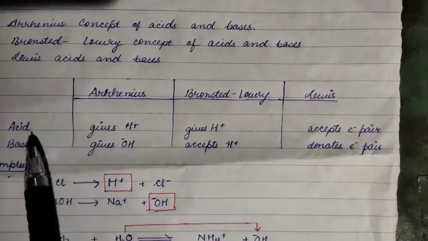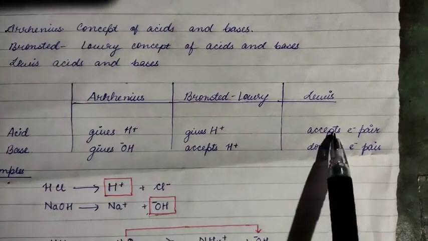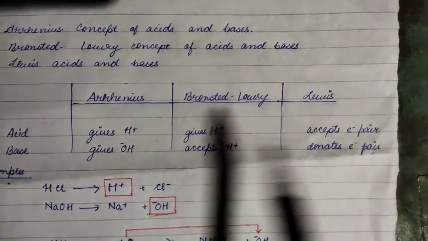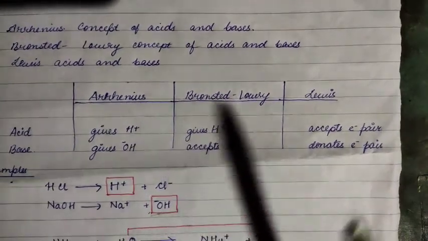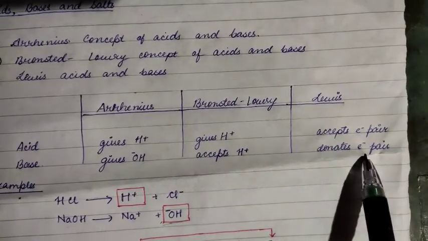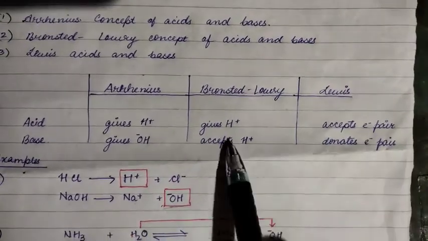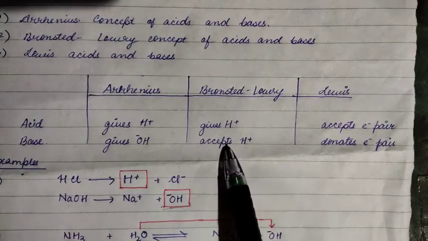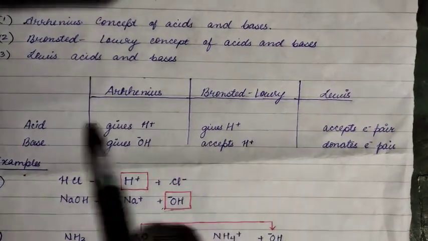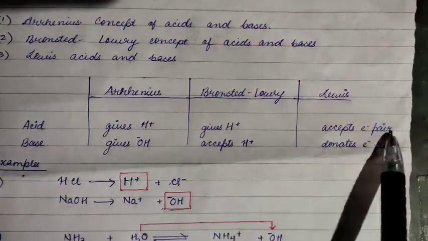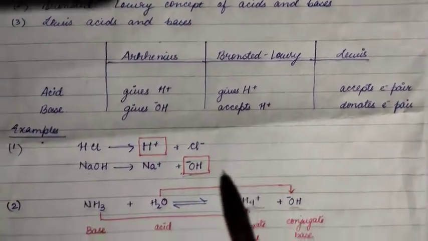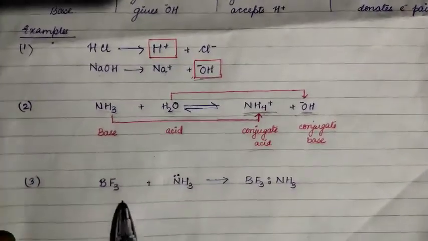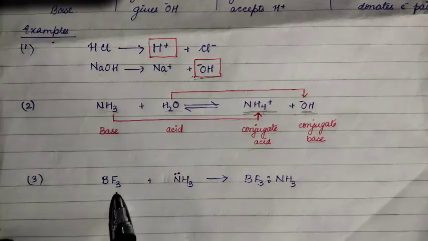Acids are those substances which will accept the electron pair and bases are those substances which will donate the electron pair. It is similar to this, but here it is accepting of H positive by base, while there it is accepting electron pair by acid.